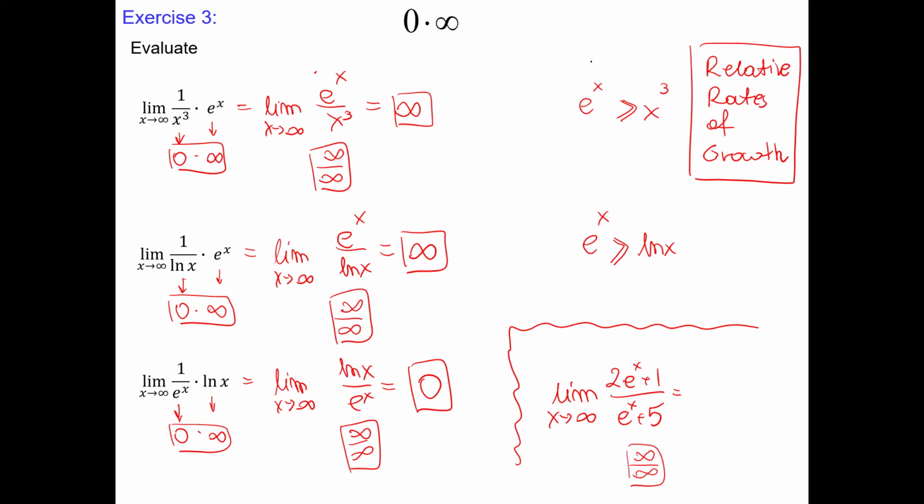But since they are the same, the ratio of the leading coefficients, 2 and 1, the answer is 2 over 1, it is 2. I can also rewrite this as a product: 1 over e to the x plus 5 times 2 e to the x plus 1. That means it would also be a product, but we managed to have the quotient, and this is a finite number, just showing that we may have an answer infinity, 0, or a finite number.